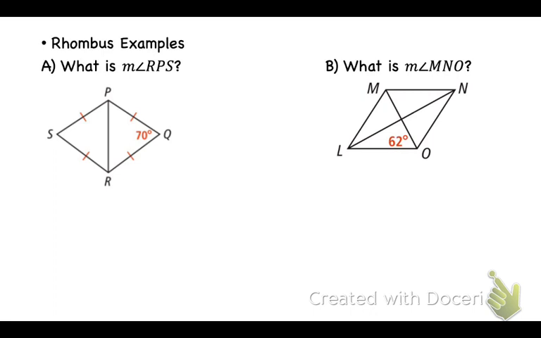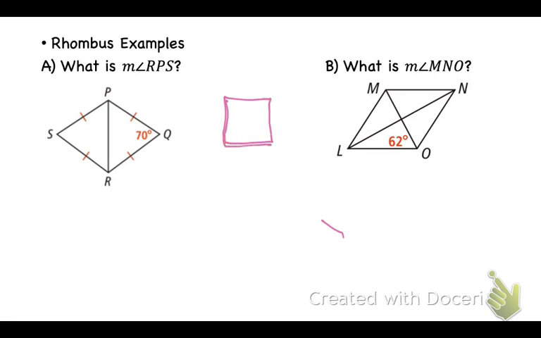Okay, so if it does say rhombus, do not think of a square. Does that make sense? Because not all rhombuses are squares. So do not purposely make something that looks like these shapes.